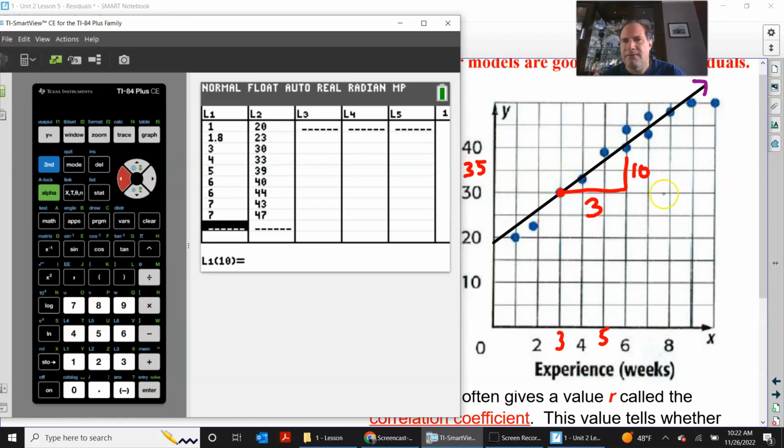All right, and then we have 8, 48. And we have 9, 50. And last one, we have 1050, basically.